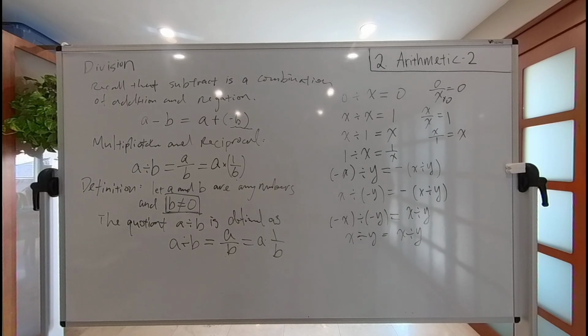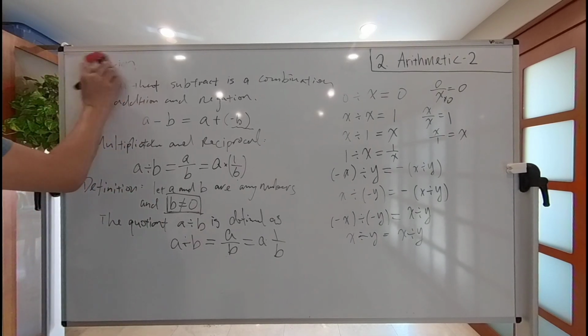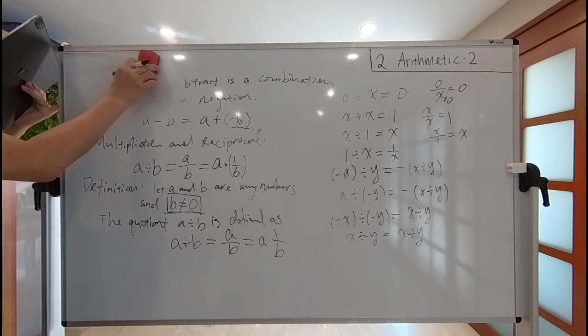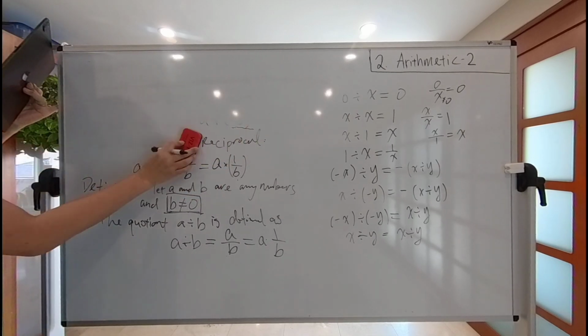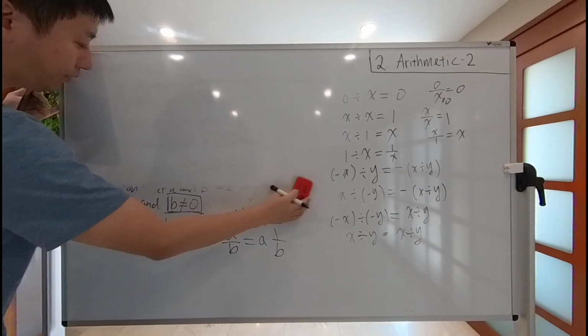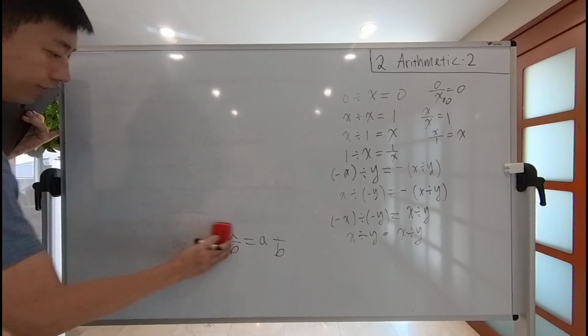Right, and then lastly, up to here we showed a lot of similarity between addition, subtraction, multiplication and division, right? But there do have some differences. There are conclusions that cannot be extended from multiplication to division. The most obvious one that you should pay attention to is that commutative and associative do not apply to divisions.